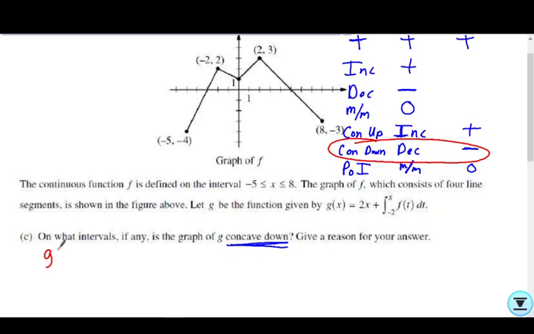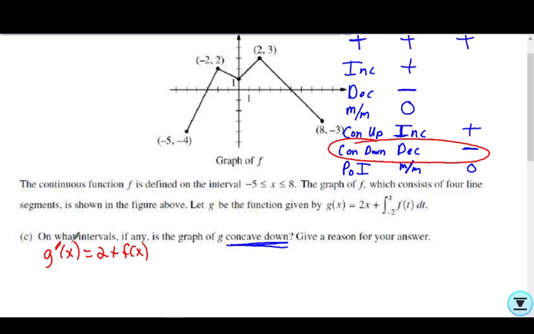So again, we've already established that g prime of x is f of x. So since we did this already, we know that the derivative of g is this function.